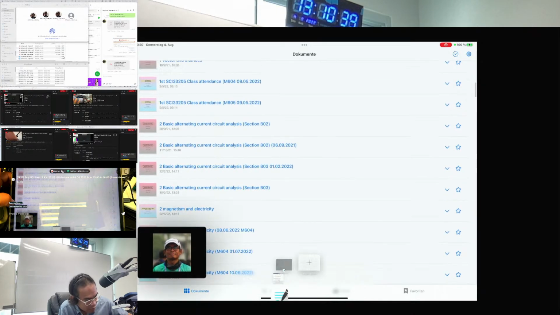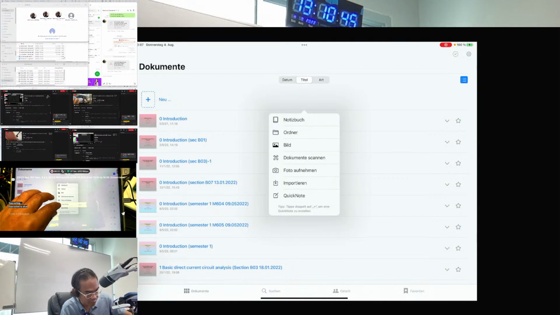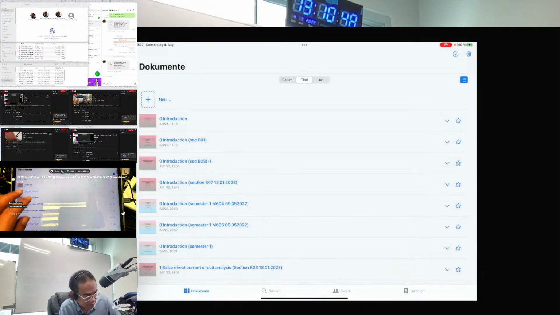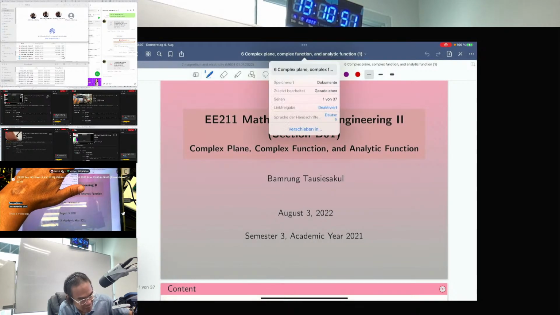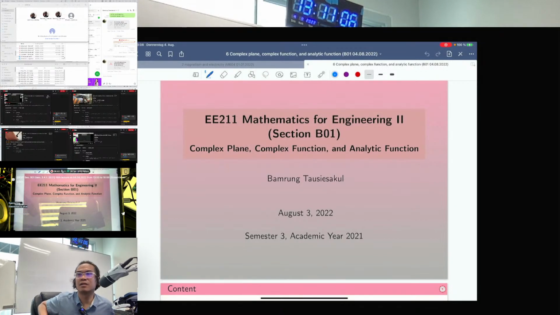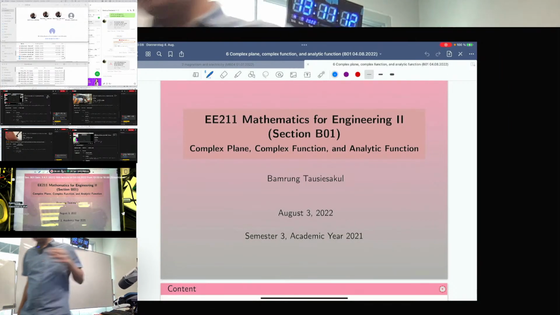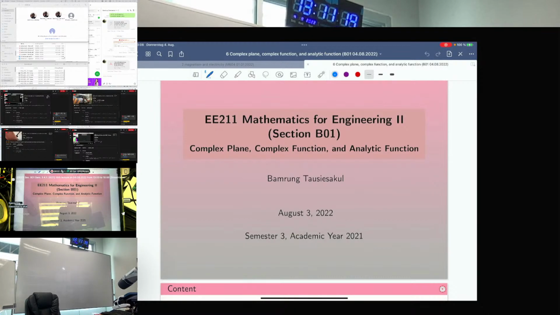Go to open new file, important physics chapter, and here is the B01 today 04 2022, okay like this then. Open this, close this. Right. Okay.